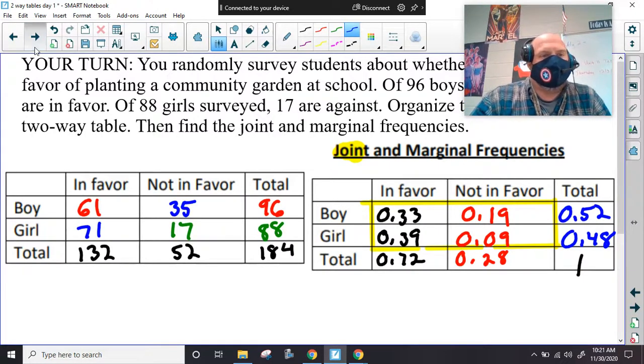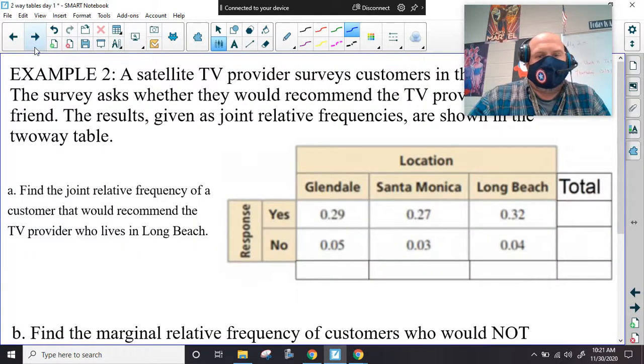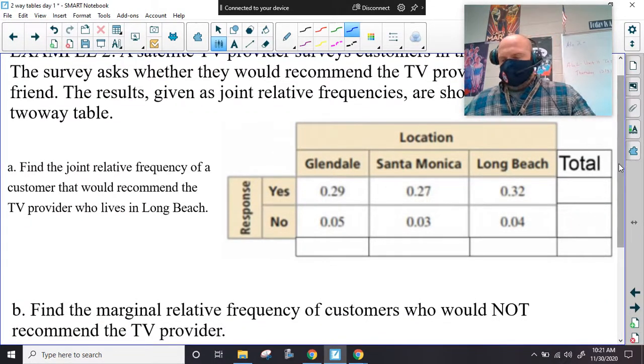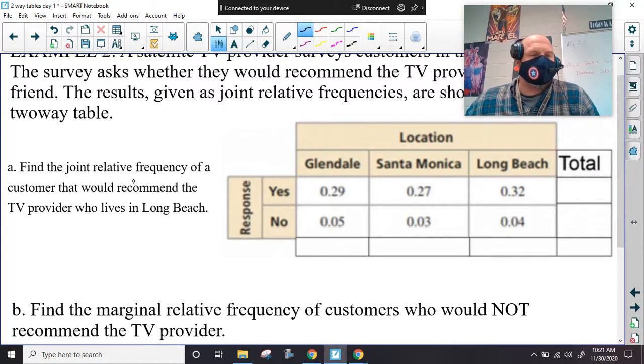All right. Example 2. This is more like your homework right here. It says find the joint relative frequency of the customers that would recommend in Long Beach. So I look at Long Beach and they said yes. So this would be 0.32.